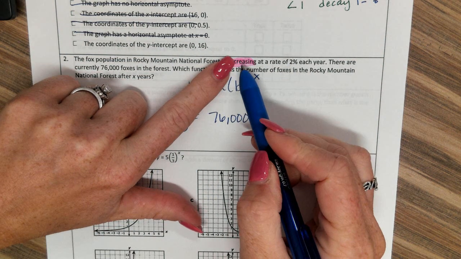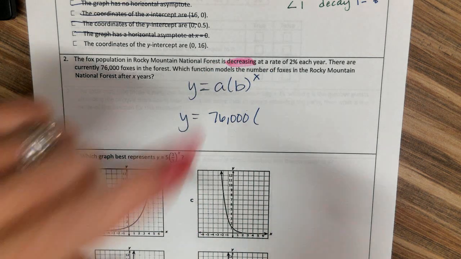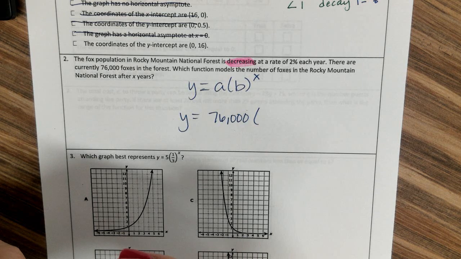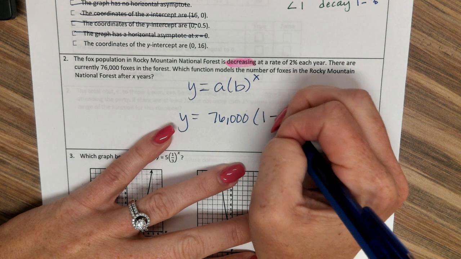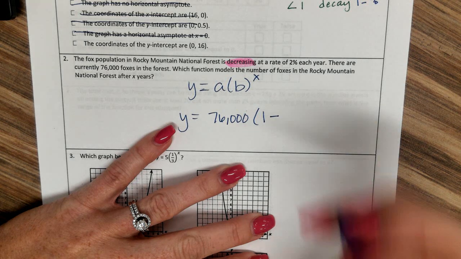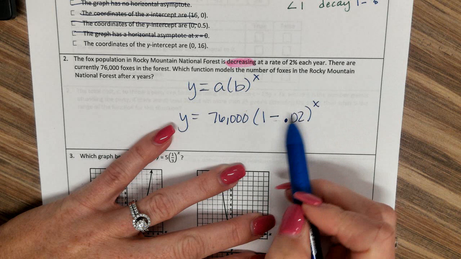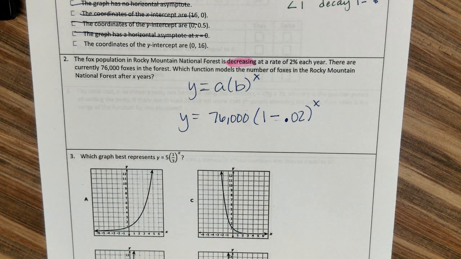Since it's decreasing, am I going to do 1 plus 2% or 1 minus 2%? So I'm going to do 1 minus, and I have to change 2% to a decimal, which is 0.02, to the x power. And then to finish that off, just 1 minus 0.02 is what?